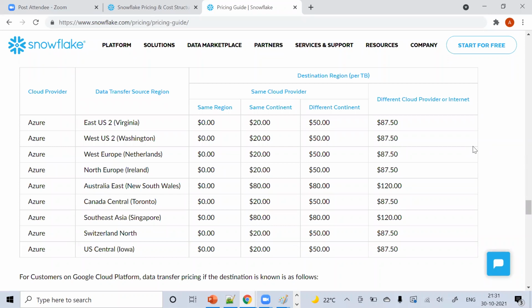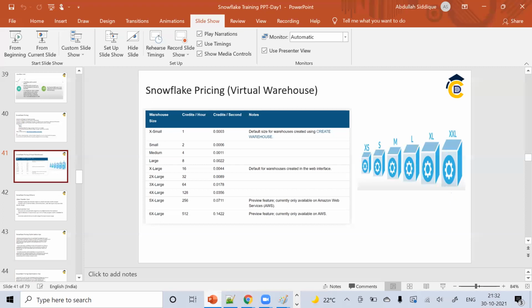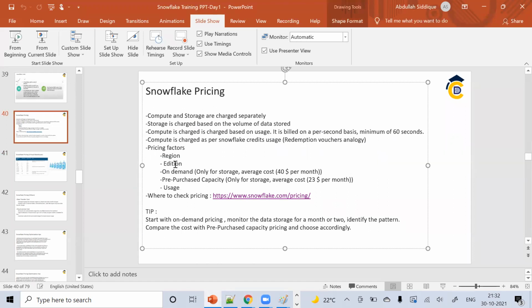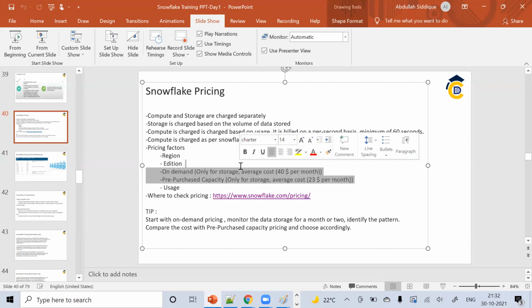It is okay if you don't know the rates by heart, but these simple ones, like the average cost for storage, for example, it is $40 per month for on demand, then $23 per month for pre-purchase, which is an average cost. It can be different based on the region, not edition, but region.